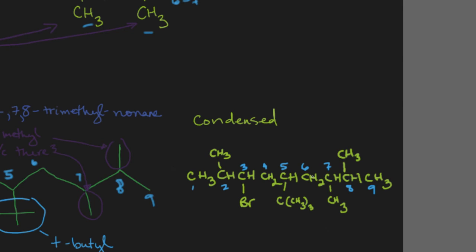So there's 2, 7, and 8, right? And then there's a T-butyl group, which is basically a carbon that's got 3 methyls surrounding it. And then that's attached to the main chain as a substituent.